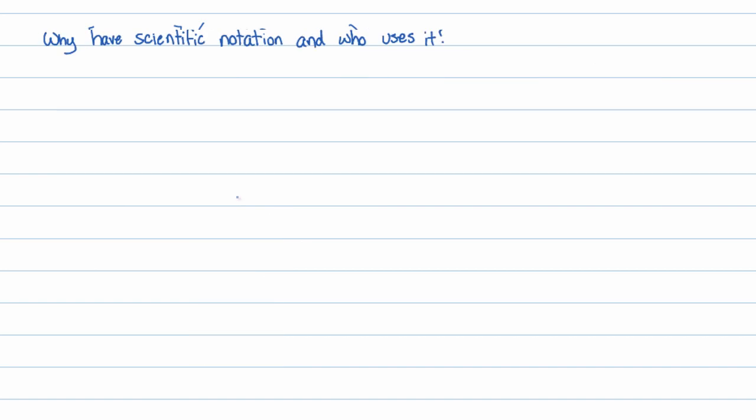So why do we have scientific notation, and really, who uses it? The answer to the second part, who uses it, is pretty easy. Everyone. Even when you read the newspaper, newspapers actually use scientific notation, sort of. They use a kind of manipulated form of it. When they tell you, for example, at one point the national debt was 9.8 trillion.